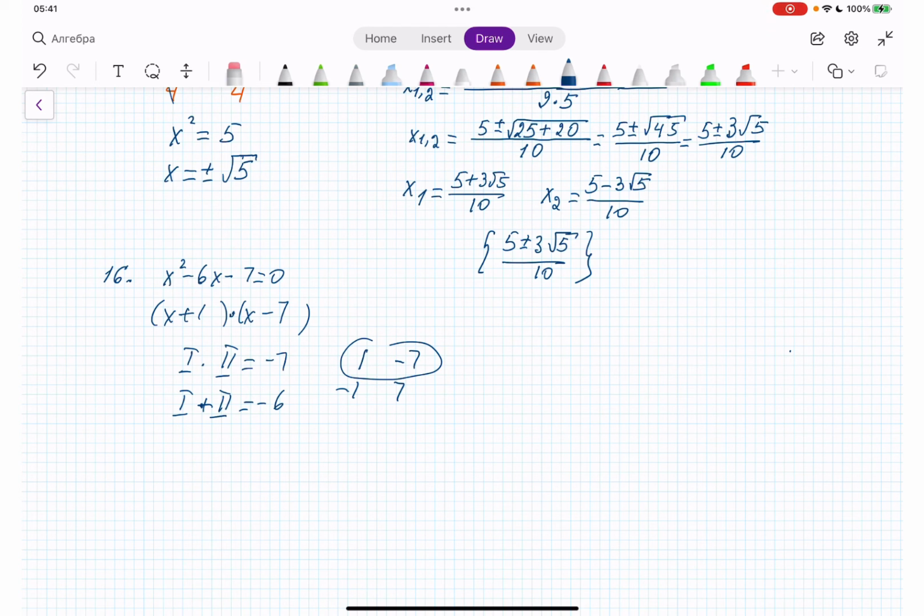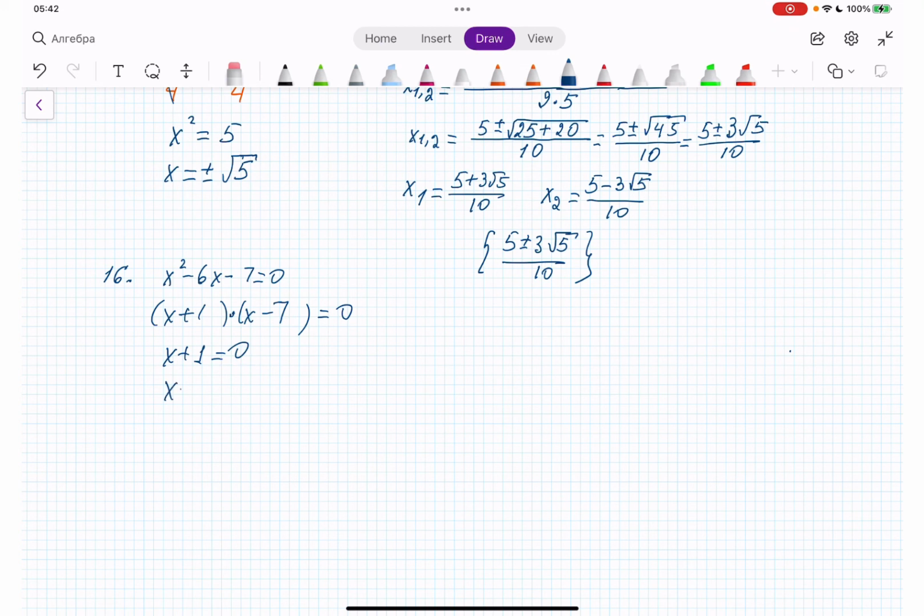Allow me to remind you that the same way, instead of plus 1, I could put negative 7, and then instead of negative 7, I could put plus 1. So it doesn't matter in which parenthesis, which number you put. Okay? So this is equal 0. And from here, our answer is going to be x plus 1 is equal 0.